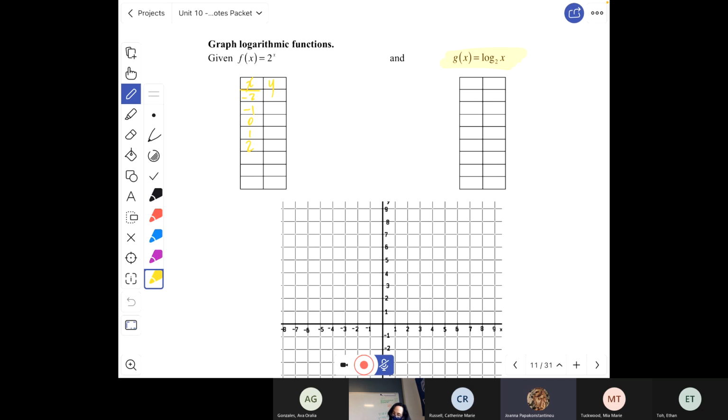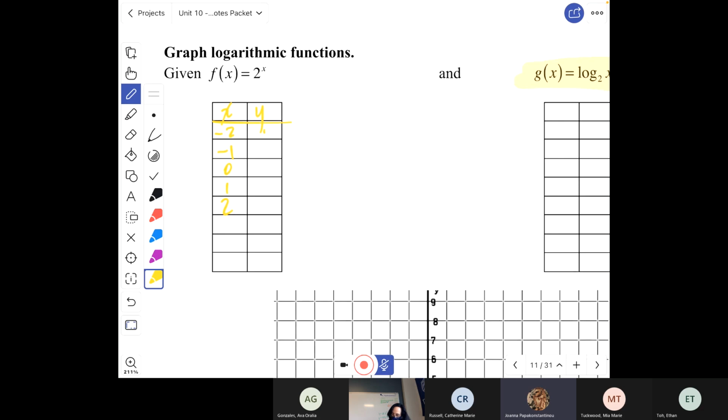Okay. So if x is -2 in this exponential function, what is y? 1/4, right? This is just 2 to the -2, which is 1 over 2 squared, which is 1/4. What about if x equals -1? What if x is equal to 0? Always 1, right?